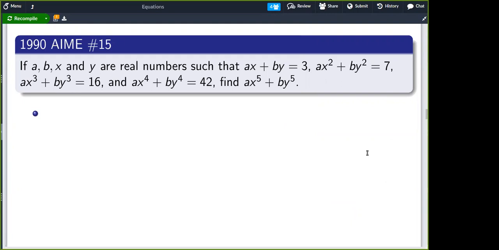So the idea would be, you want to multiply by an x so that you get an extra factor of x in the first term, but you also need to multiply by a y in the second term.